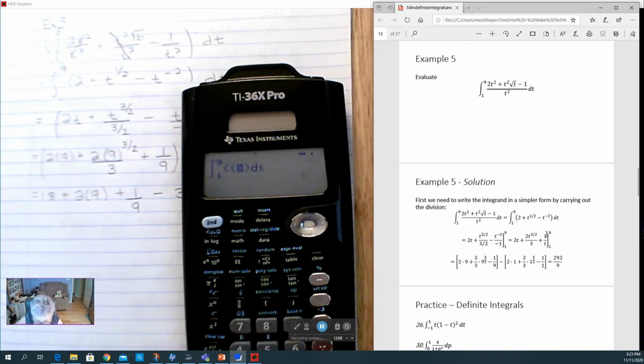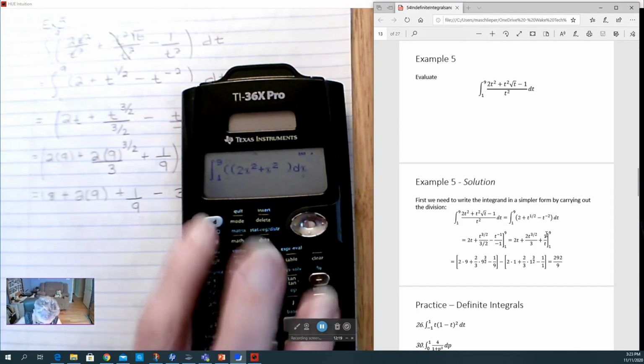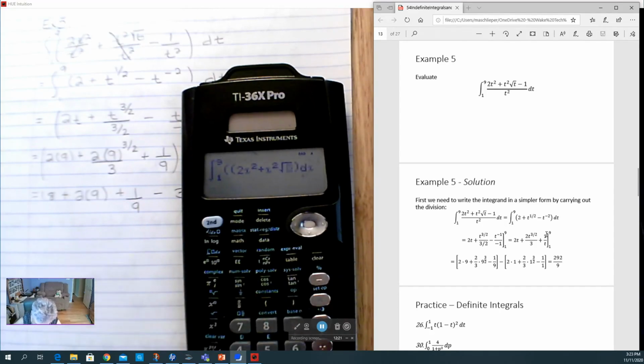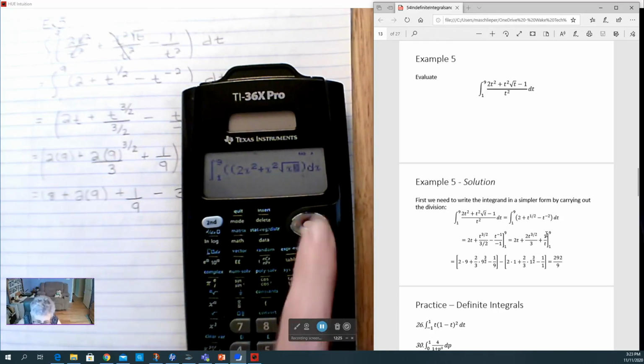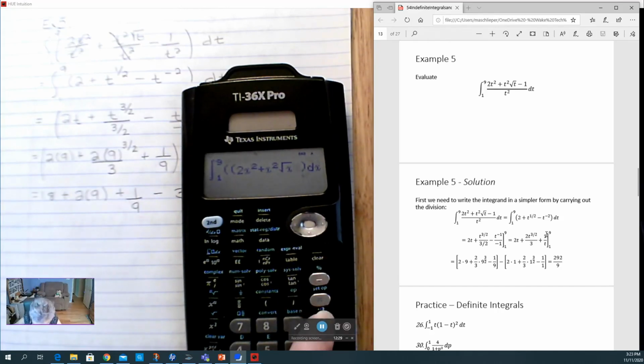So I'm going to open up a set of parentheses for my numerator. 2x squared plus x squared, second square root of x, arrow over to get out from underneath the radical, minus 1.